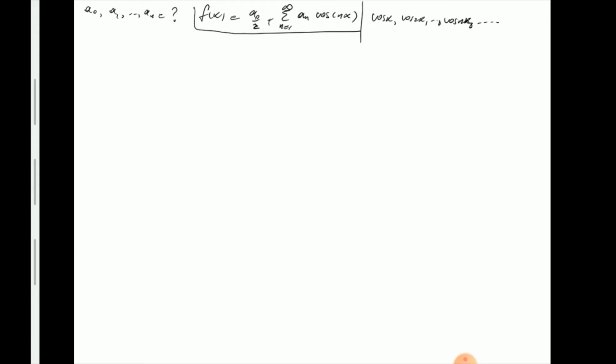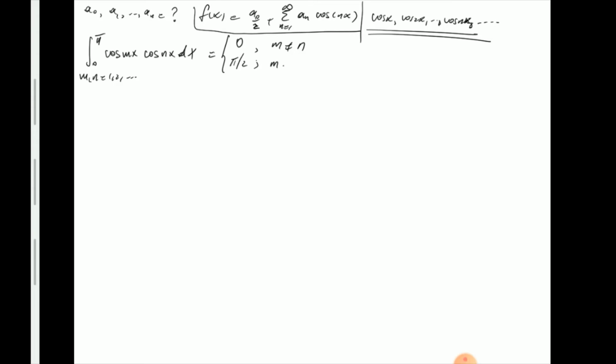That property, which is also another way of naming it, is to say that these cosine functions are mutually orthogonal. That property states that the integral from 0 to pi of cosine of mx times cosine of nx dx, where m and n are positive integers, is 0 whenever m is not equal to n, so whenever the two functions are distinct, and pi over 2 if m is equal to n.